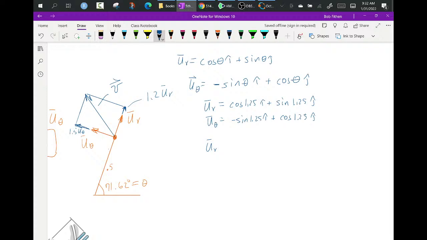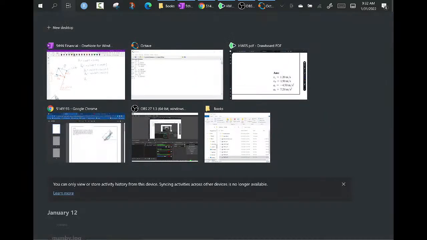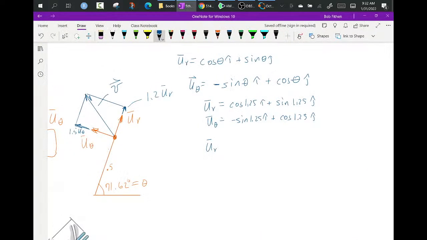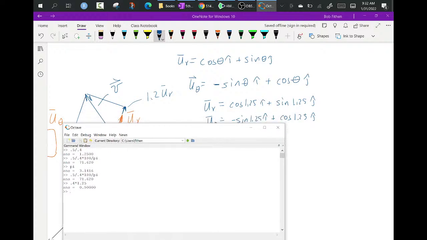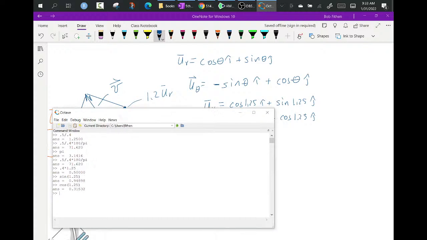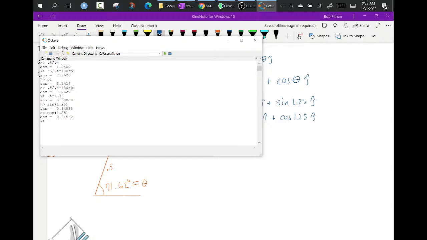And so, let's see if I can, oh, wait, that's the wrong button. Okay, hang on. Sine 1.25 is 0.948. Okay, so let's just do this. Cosine of 1.25. Let's see if I can copy this down reasonably well.